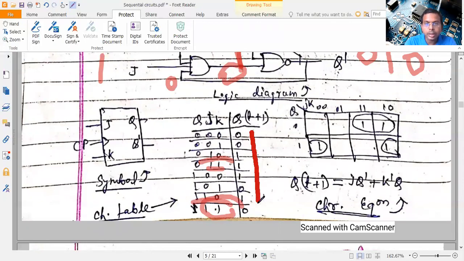You can write all of these here. So this is no change, this is reset, this is 1, 0 means set, this is 1, 1 toggle. So toggle means it changes the condition of the present state. So next state will be Q dash, means whatever Q is, it must be inverted.